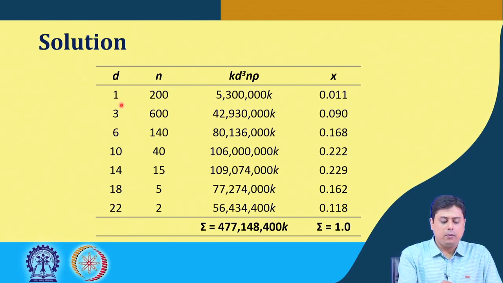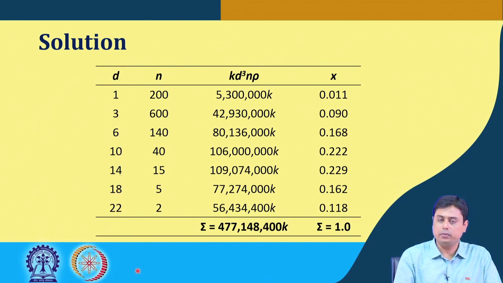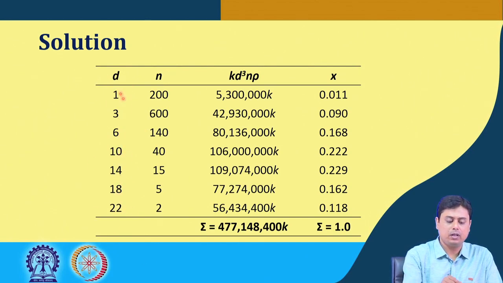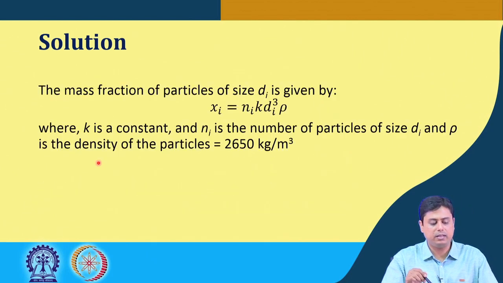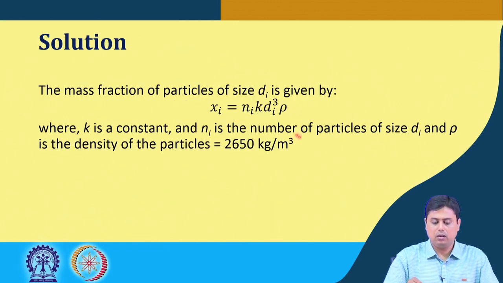So, here we can see that d I have written as 1, 3, 6, 10, 14, 18, 22. How did this value come? This came from the arithmetic mean of this size range. If we have to calculate this parameter, we have to find a d.